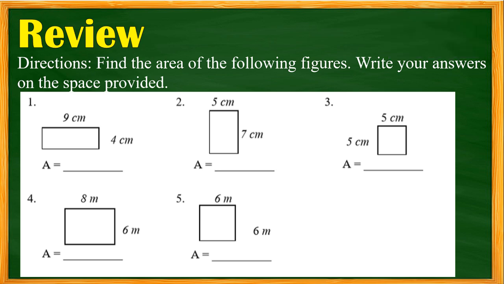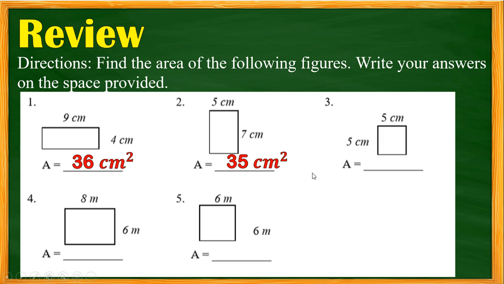Okay, time's up. Let's reveal the answer. For number 1, the answer is 36 square centimeter. So 9 times 4. The formula is length times width. 9 times 4 is 36 square centimeter. For number 2, we have 35. 7 times 5 is 35 square centimeter.